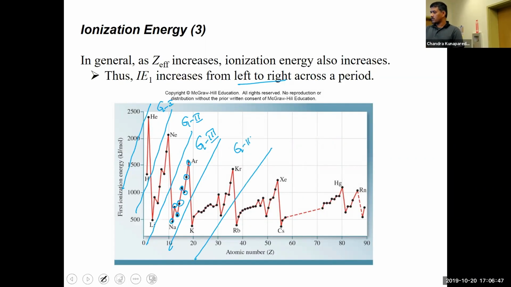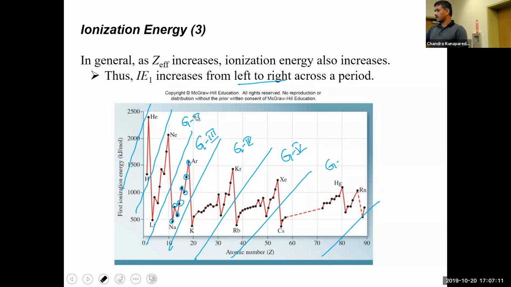Group 4, group 5, and group same group 1, group 2. Let me correct myself a little bit.